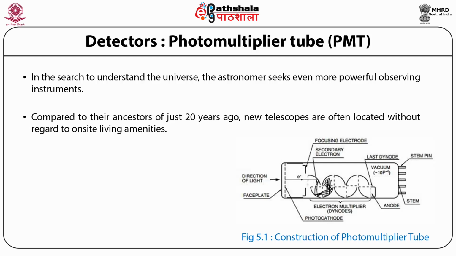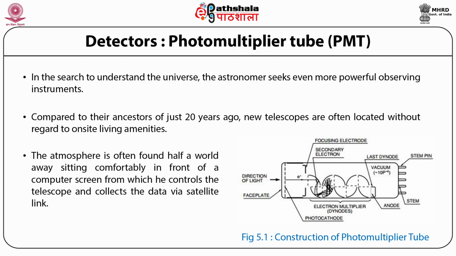Compared to their ancestors of just 20 years ago, new telescopes are often located without regard to on-site living amenities. Rather, the controlling factors are the maximum number of clear nights and a calm, transparent atmosphere. The astronomer is often half a world away, sitting comfortably in front of a computer screen from which he controls the telescopes and collects the data via satellite link.